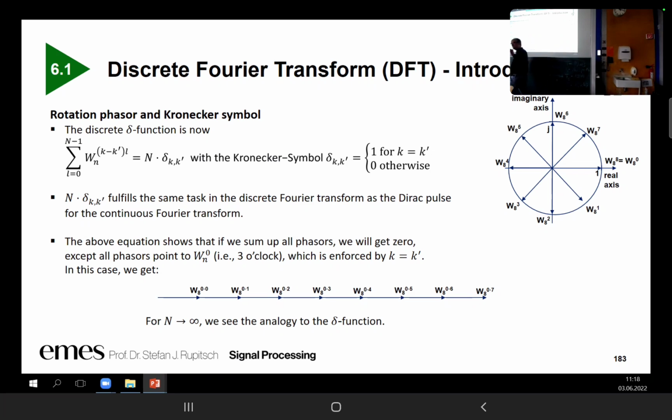And what's the result? It's a phasor of the length N, because the length for the position 0 is always 1. It's a real number 1. We sum all these phasors up. And in the other case, due to the summation and this argument, we always switch with our phasor.